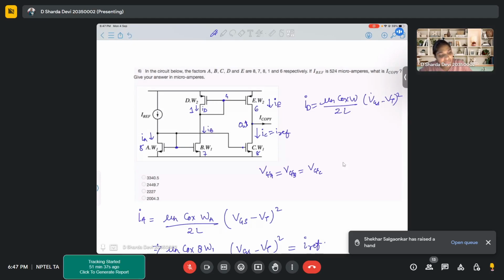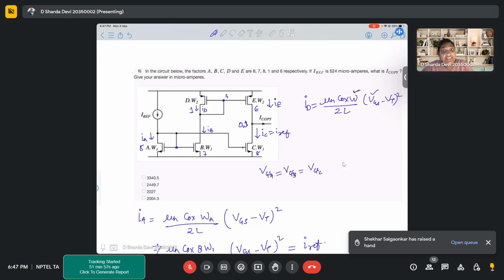Now, let's say VGS is equal for all transistors. But if W is different, can we say it will have the same current? No. So that is the reason we didn't say that IA is equal to IB.